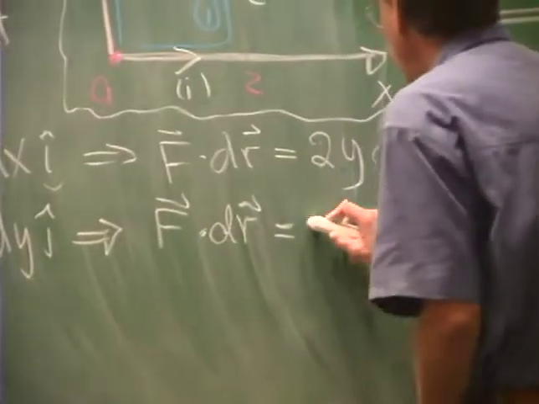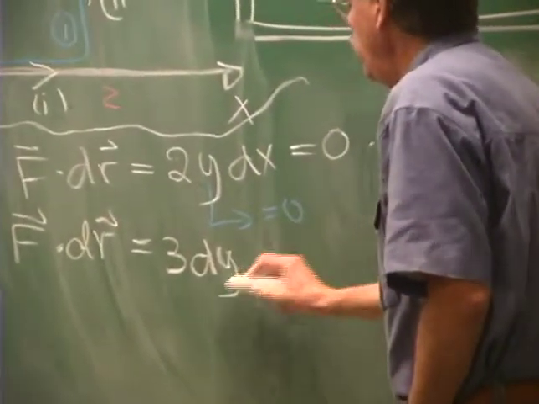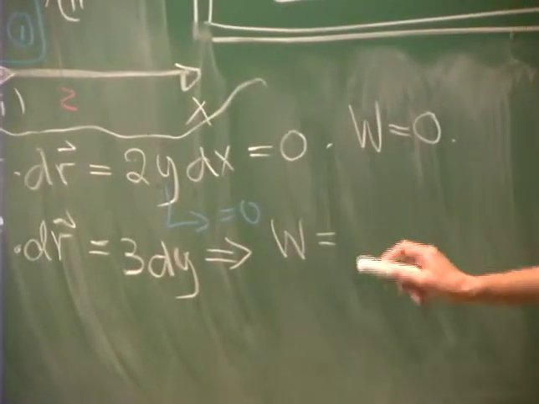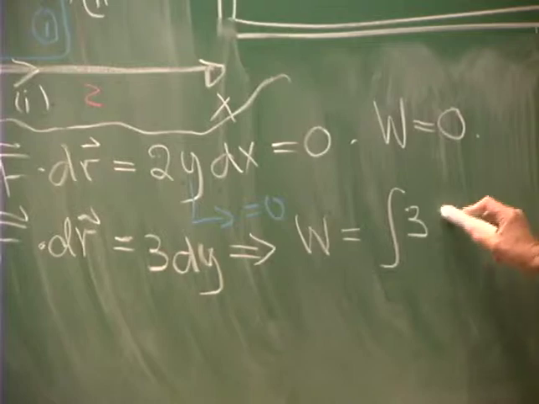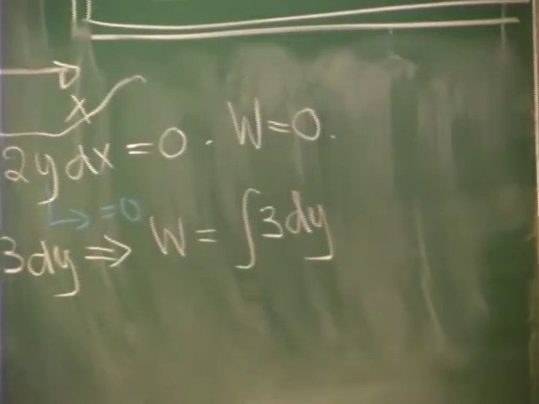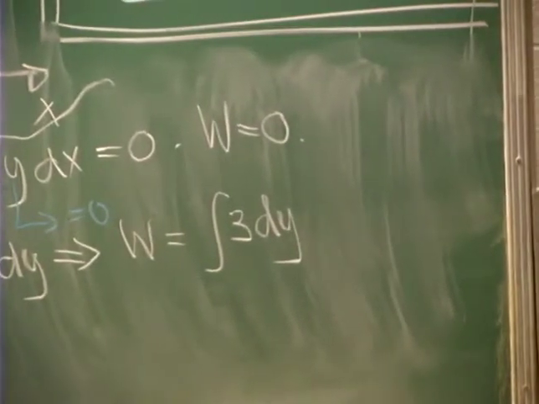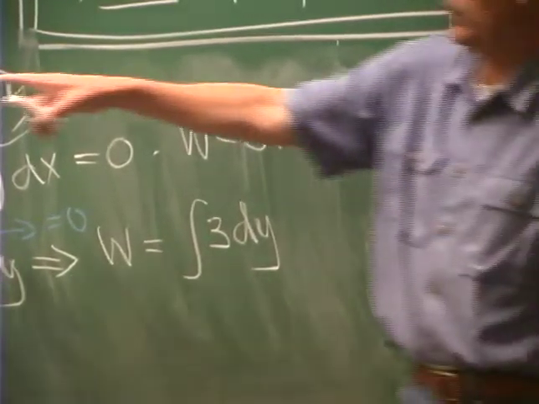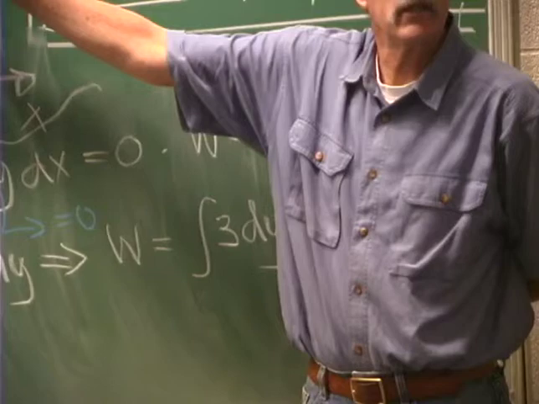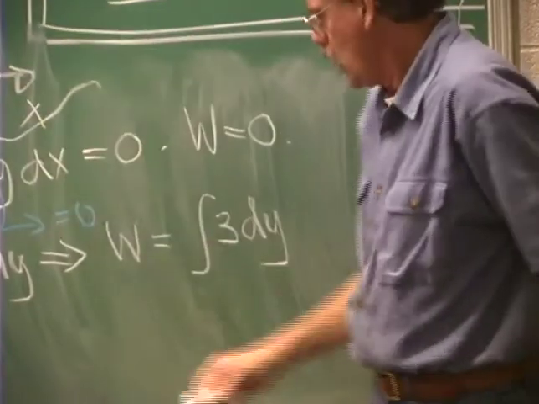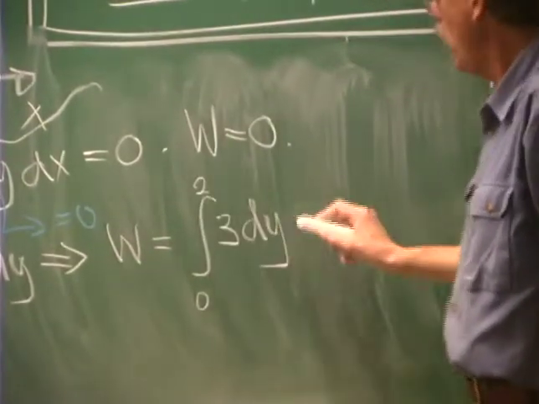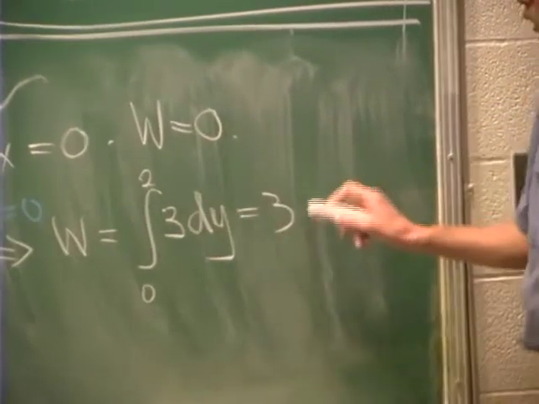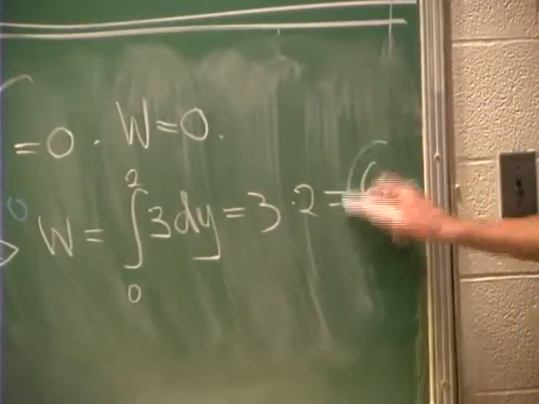This is 3 times dy, and this time the work would be the integral of 3 dy. What limits, you tell me? What was y at the beginning of this leg? And what is it at the end of the leg? 2. So it goes from 0 to 2. This is 3 times the integral of dy from 0 to 2, which is just 2. The answer is 6.